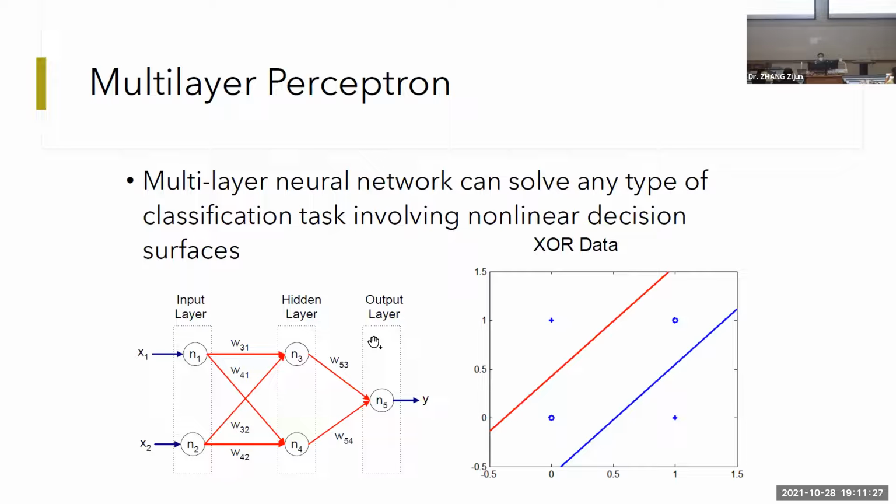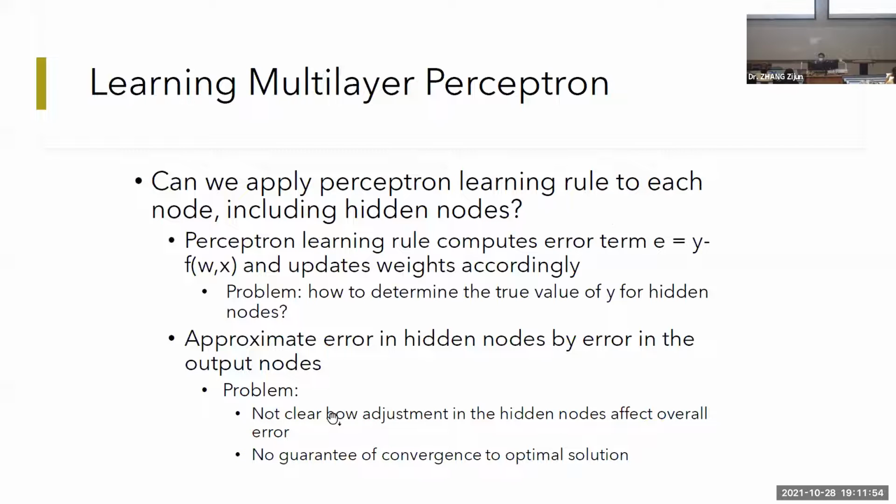Okay. So a multi-layer perceptron, or multi-layer neural network, can solve any type of classification task involving nonlinear decision surfaces. This is one standard multi-layer perceptron, involving one input layer, one hidden layer, and an output layer.